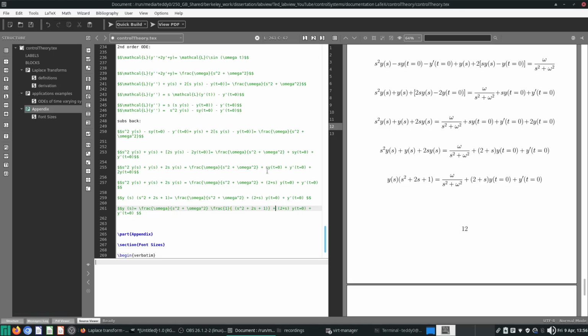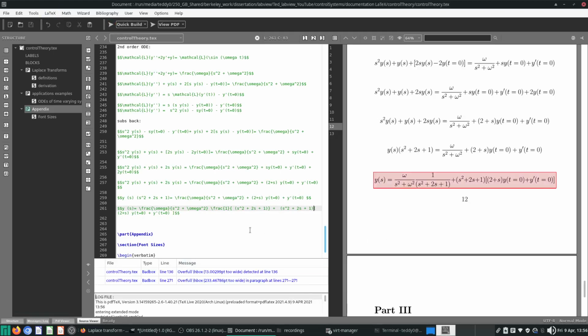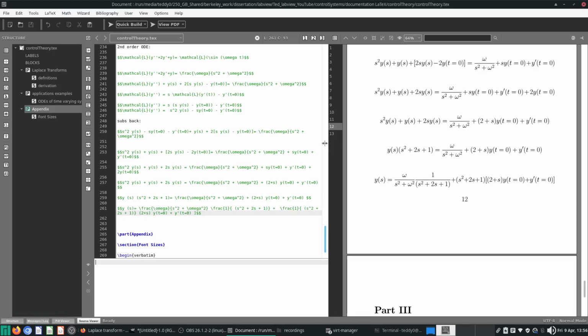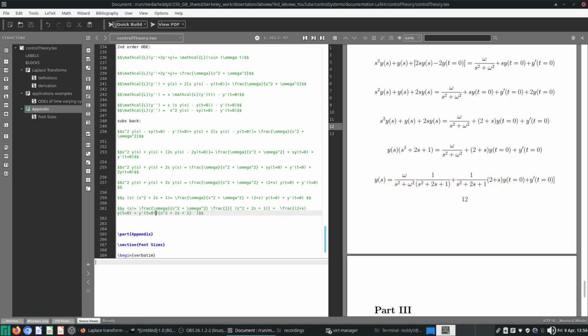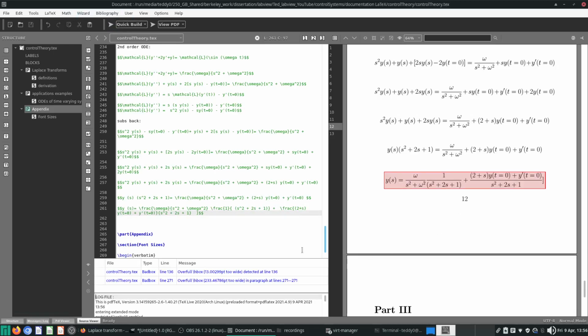Then I need a fraction here: 1 over s squared plus 2s plus 1, and of course I'll put all of this into the numerator.